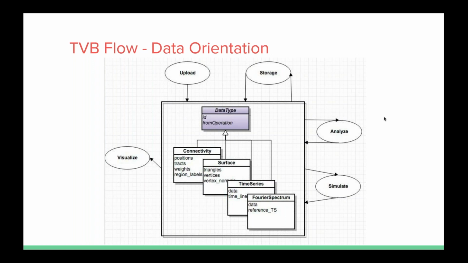And this file should be self-contained regarding the proper data of that entity, but they also contain references. For example, a time series region will be generated on top of a structural connectivity, so it will refer to the global unique ID of that structural connectivity. So this is at the center, the data that we organize in classes and then goes into files.